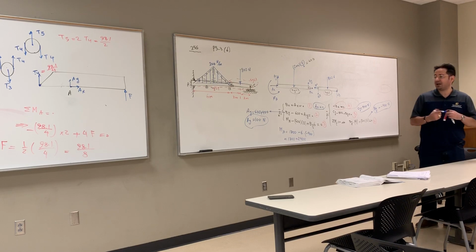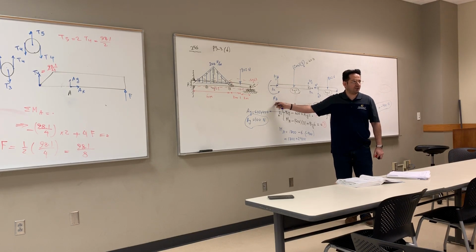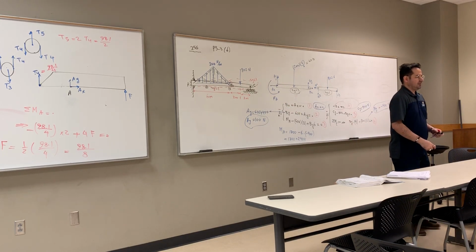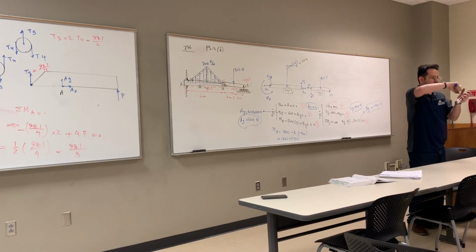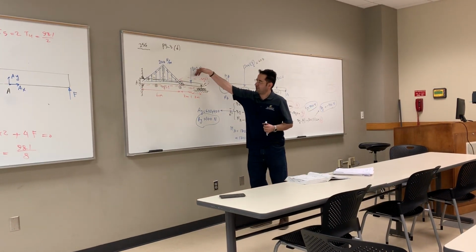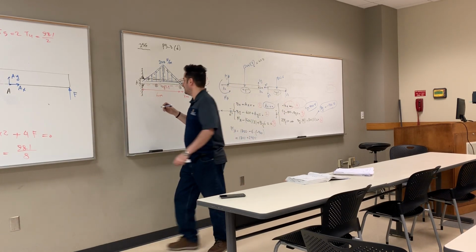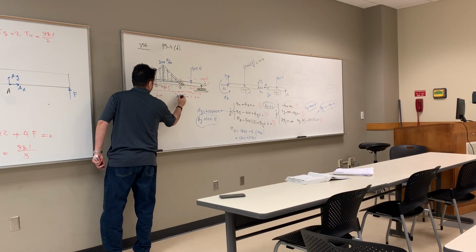So we found all the reactions. And you see, interestingly, the moment here is not zero. You have a bending moment. It's a moment that at that point that you weld it, it prevents the system from rotating over that point. So when you apply this loading, this pin is going to deflect like this.